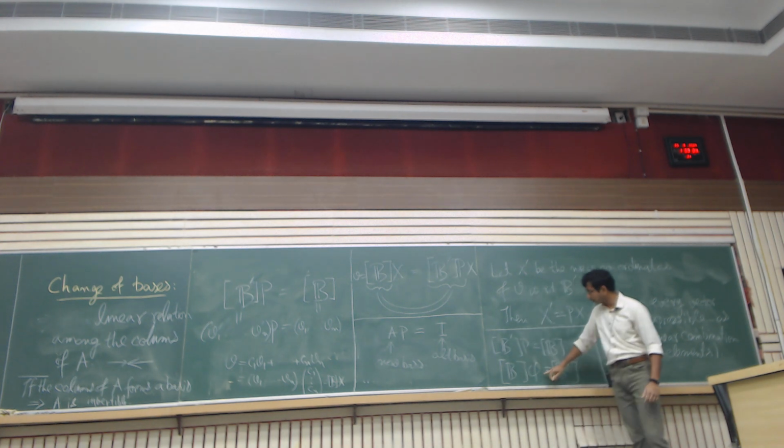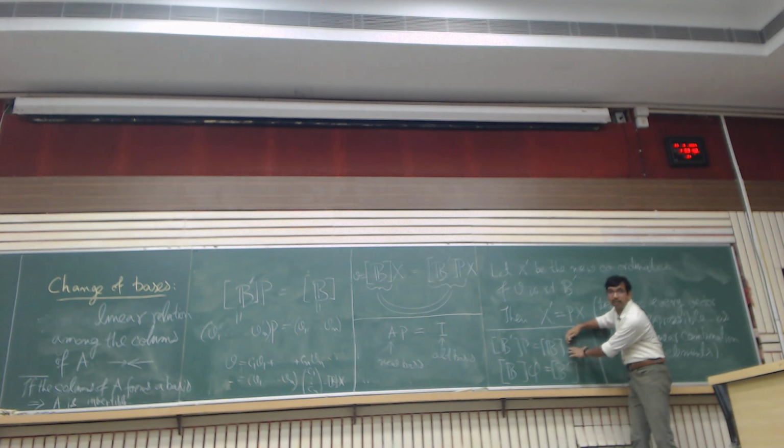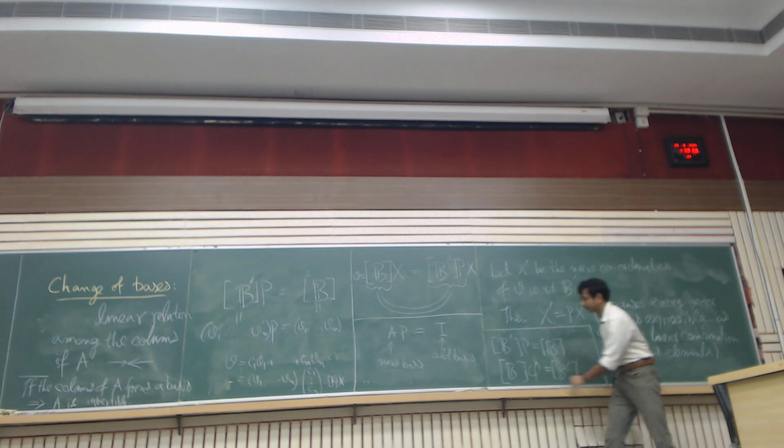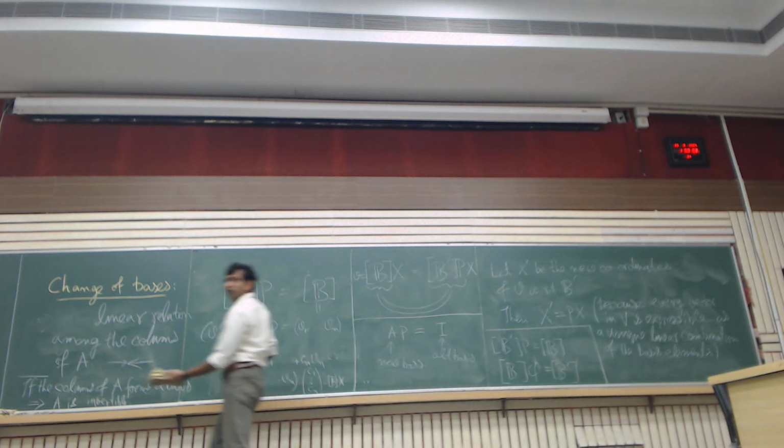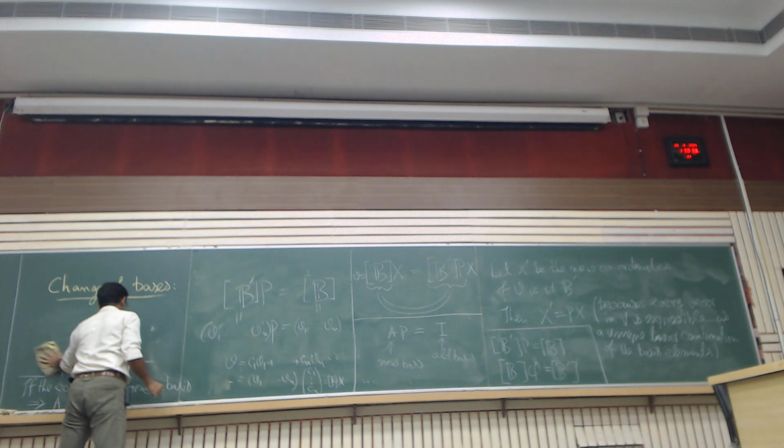Then we are trying to argue that these are inverses of each other. Because if you multiply with Q on the right-hand side, B dash PQ is BQ, which gives you B dash again. That means the inverse of P exists, and Q is the inverse of P.